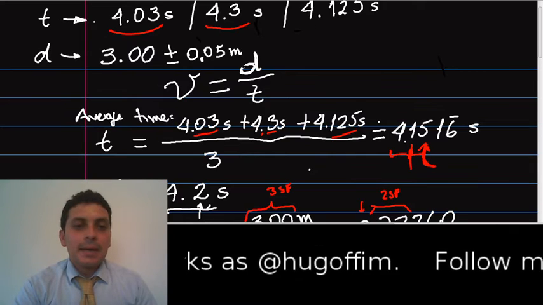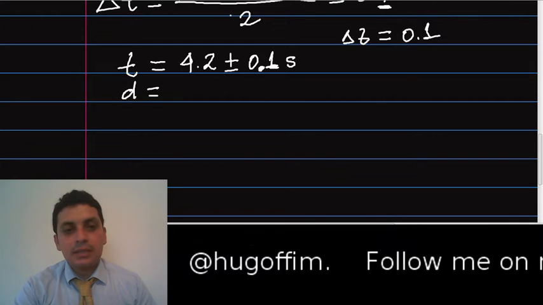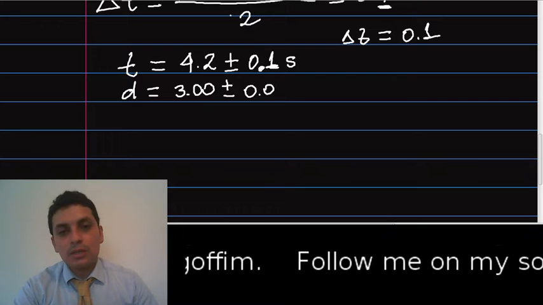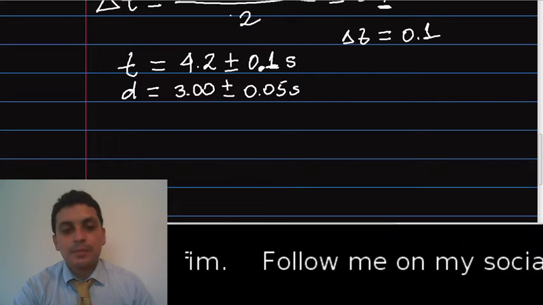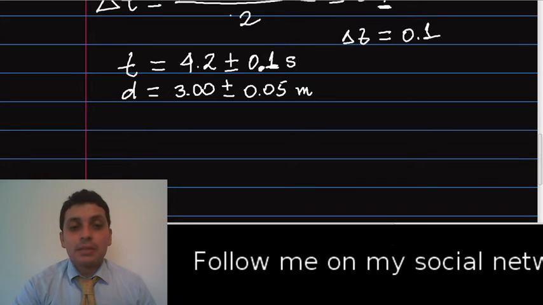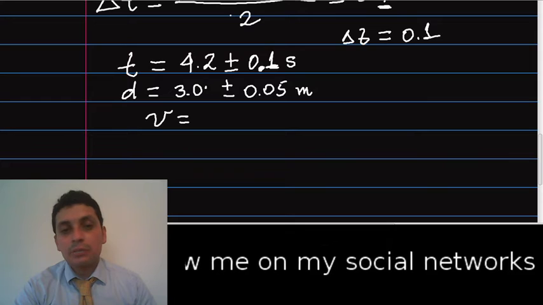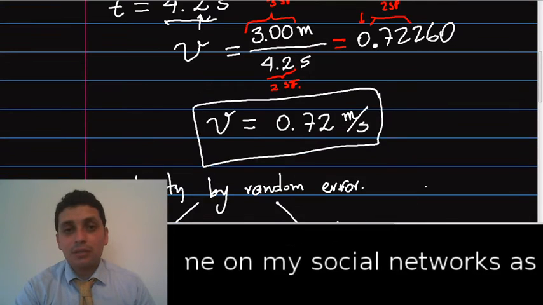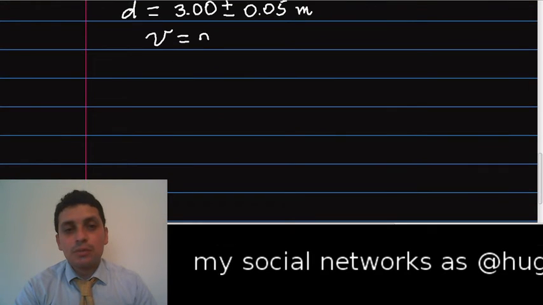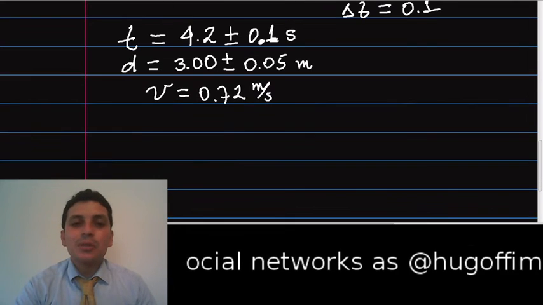So the distance is 3.00 plus or minus 0.05 meters. And now we're going to determine the velocity. The velocity was calculated by doing the division. We did it in the other video, so you can check the other video, in which the division gets us 0.72 meters per second.